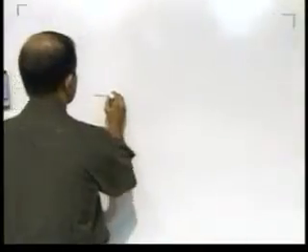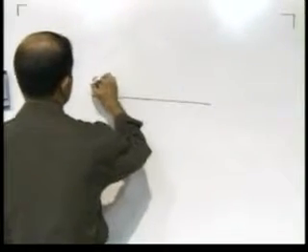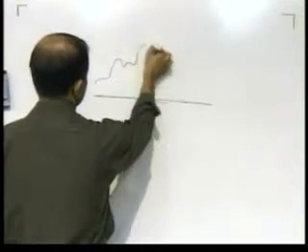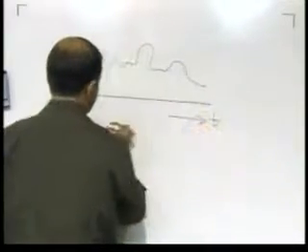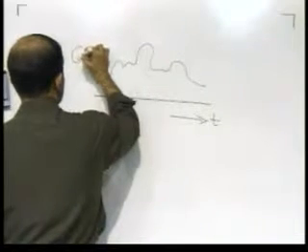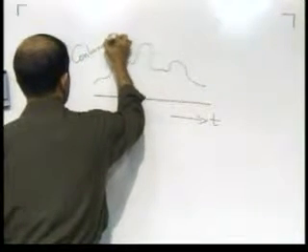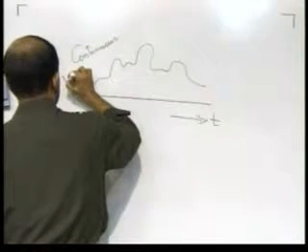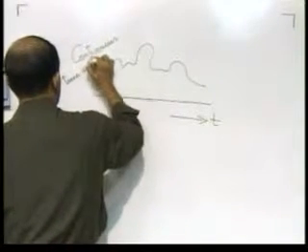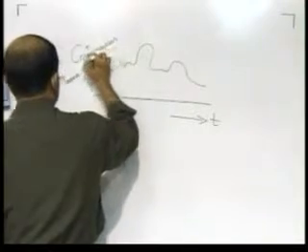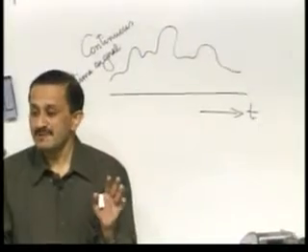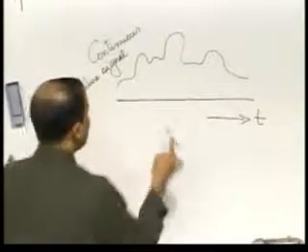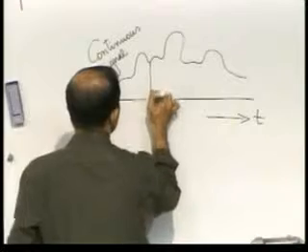So, for example, suppose you have a continuous time signal. I could simply take its samples. What do we mean by taking its samples? Well, we mean you're looking at values at specific points only.